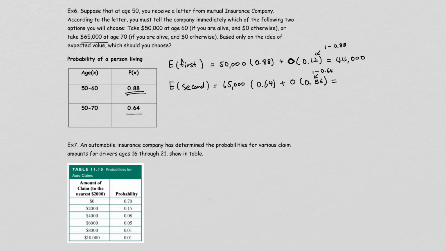This will give you 41,600. So since you get more money, just comparing the expected values, the best option will be the first option. And if you want to go over example 6, the class notes will show you how to do example 7 also. So this is how you're going to find expected value from these sections.